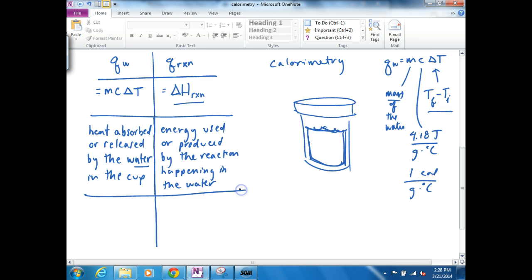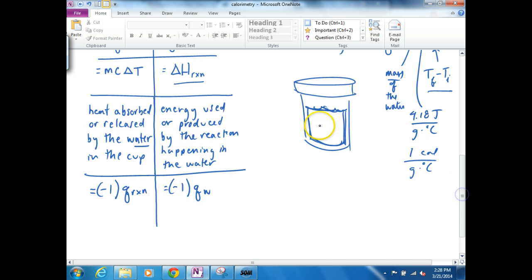Now here's where the connection comes in, though. It turns out that Q sub W is equal to negative 1 times Q for the reaction. And so Q for the reaction is equal to the negative of Q for the water. What that means, as we've seen before, is if I have a reaction happening in here, and it's releasing heat, then that same amount of heat is being gained by the water. Whatever the reaction releases or produces, the water gains.